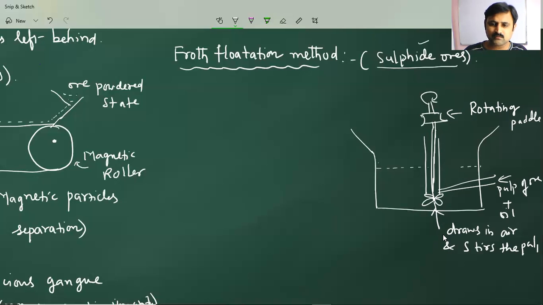So this is one idea shown in this diagram.